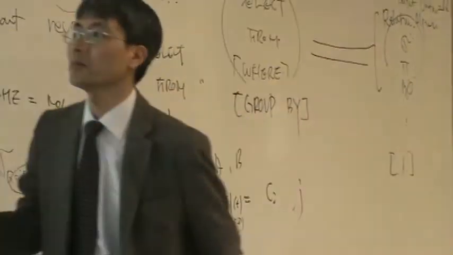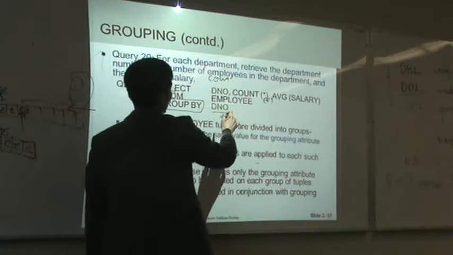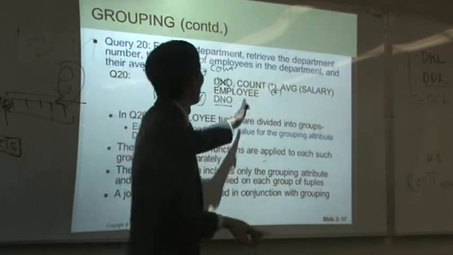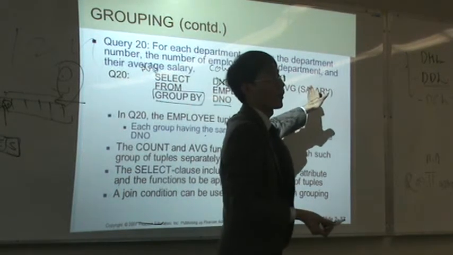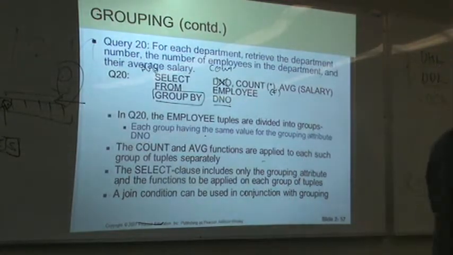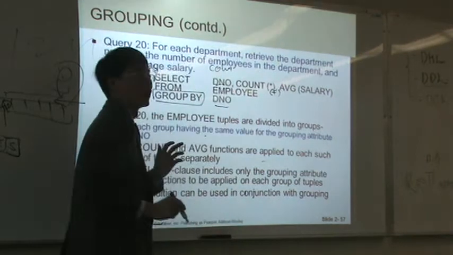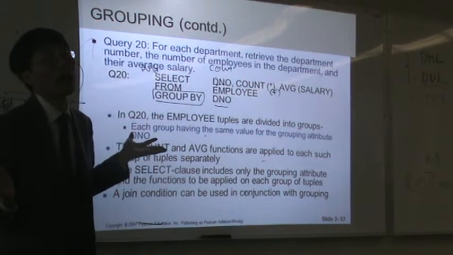When you have the grouping factor, in this case DNO, one more important thing is, without DNO, you don't know which count is for which, which average salary is for which. So you should have the grouping factor, exactly the same thing here. Otherwise, you cannot recognize which one is which.